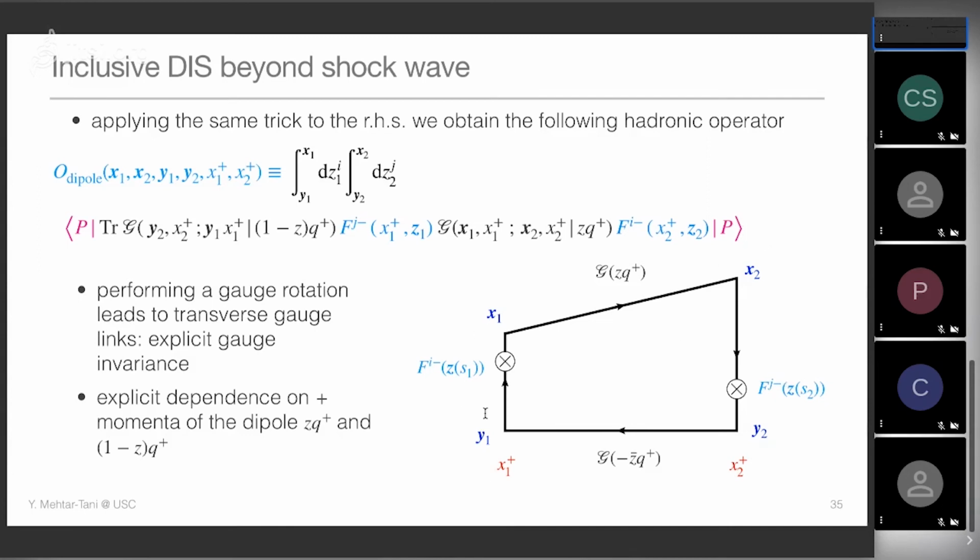So you have this kind of gauge link structure where you have a transverse gauge link that connects y at time x1 plus. This transverse gauge link will connect y1 to x1, and in between you have this field strength tensor.